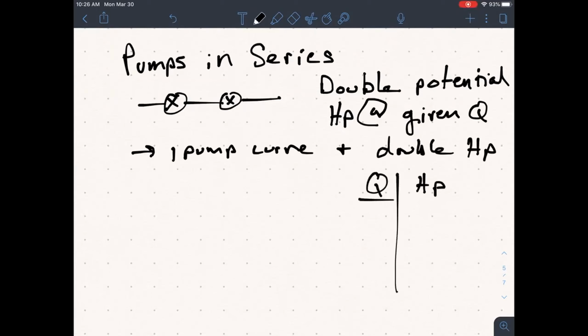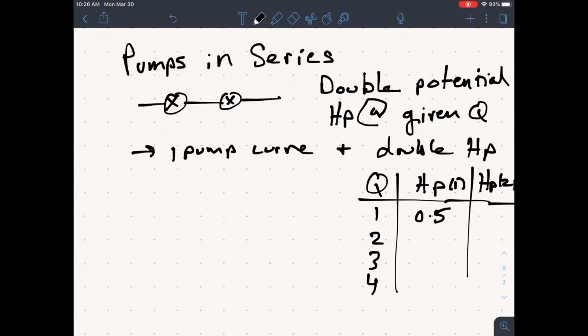So if our pump curve looks like this, and then our head for a given pump is something like this, then our head for the pumps in series, we keep the discharge the same, but we just double it.